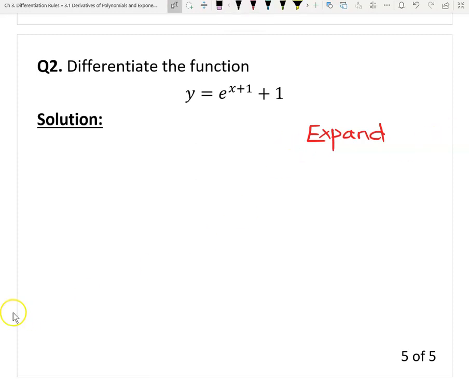We do very similar to the first question. So we do this: y equals e, the first power, times e raised to the x power, and then plus 1. Can you see what that means? This is the product rule, and the first power is 1, the second power is x.